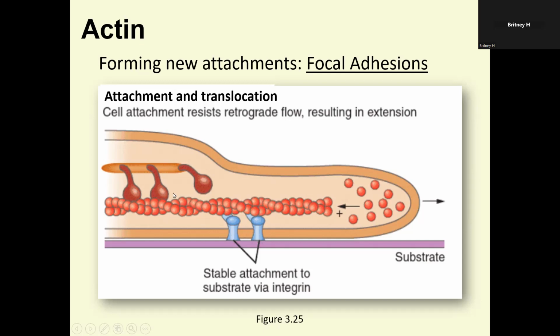Now, when the myosin pulls it back, the filament doesn't move, the cell moves. So it pulls the cell forward into that. And then at this point, it just keeps moving by polymerizing at the front end and depolymerizing at the back end and pulling itself into that lamellipodium.